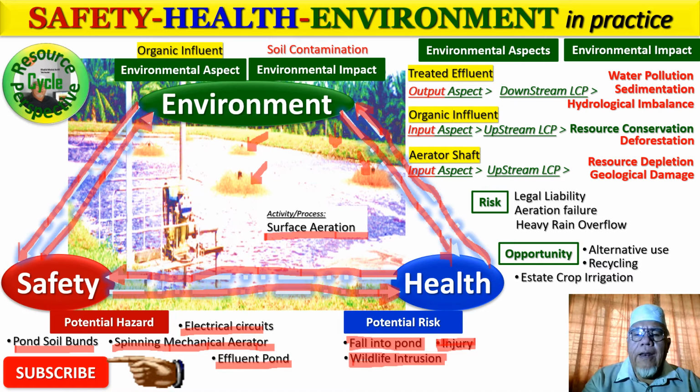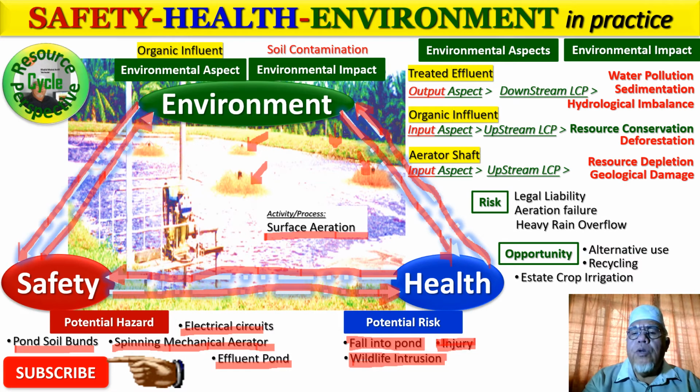Okay, and my field of, not to say expertise, experience is more in the area of environmental management. So let us take a look at the important elements in an environmental management system.